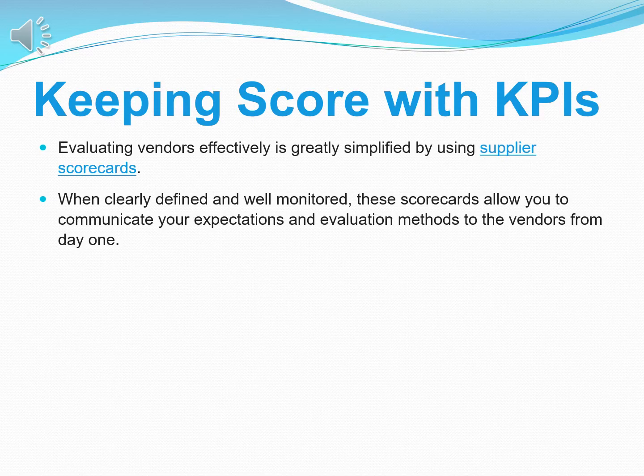When clearly defined and well monitored, this scorecard allows you to communicate your expectations and evaluation method to the vendors from day one. So you also share this scorecard with your vendor, so that they know they are going to be evaluated on these factors.